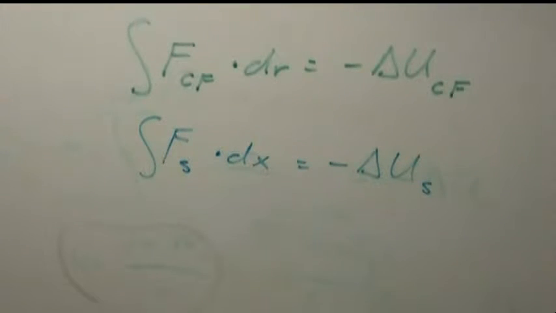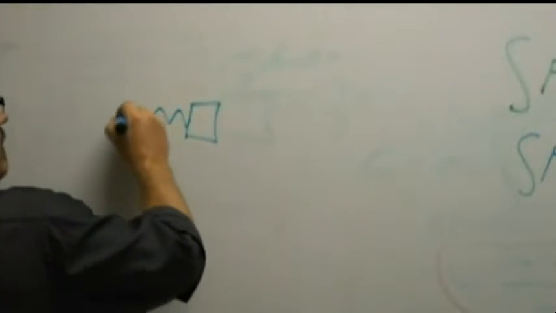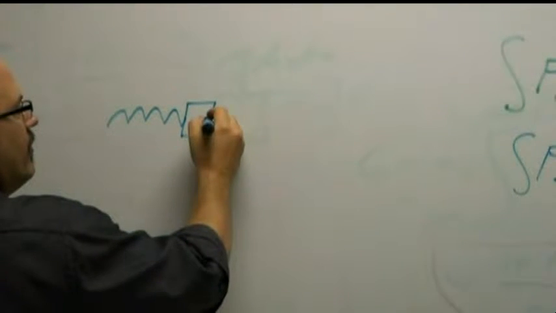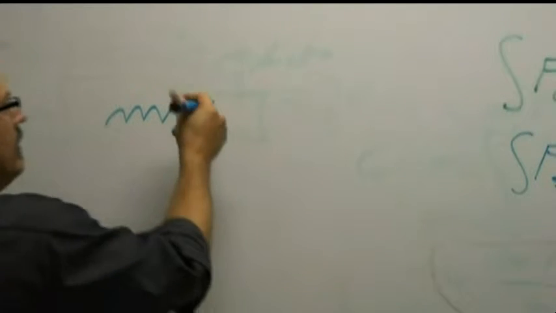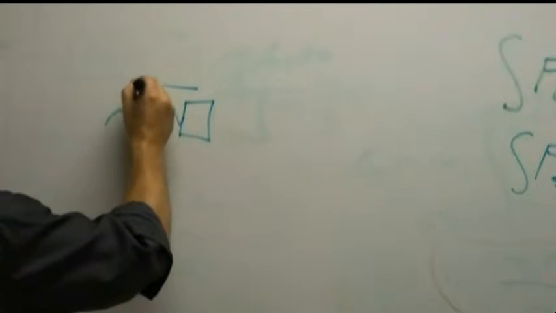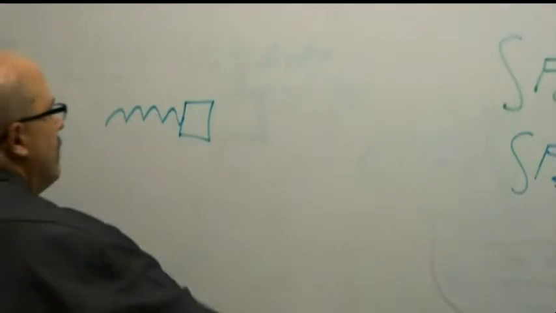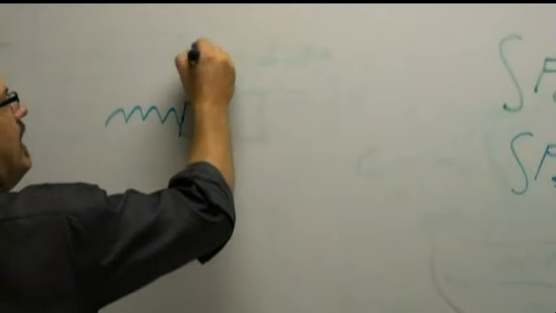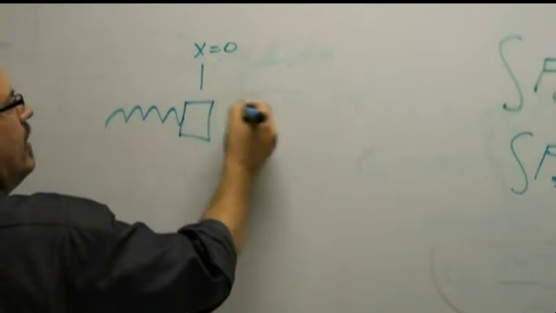What's our spring equation? Actually, let's do this again. Here's our spring. Let's say that you compress the spring. Let's just make it positive so it's easier on us. Let's say this is x equals 0.